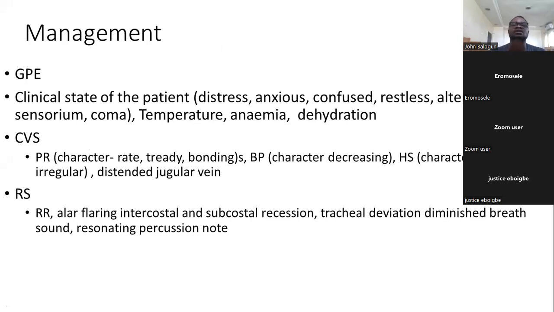Then also, the common cause of MI is usually an embolus. So the good standard to give is catheter stenting. I can't remember the name right now, but it's a catheter stenting.